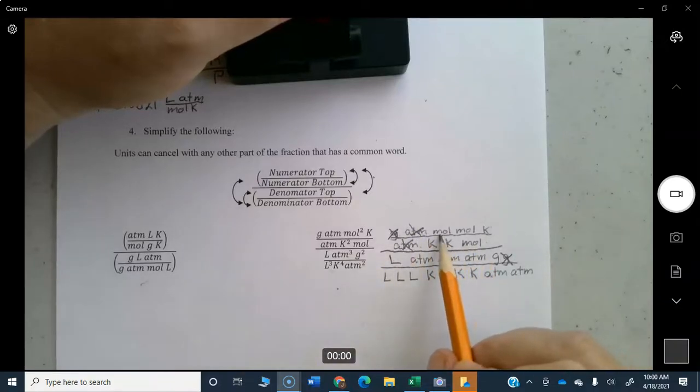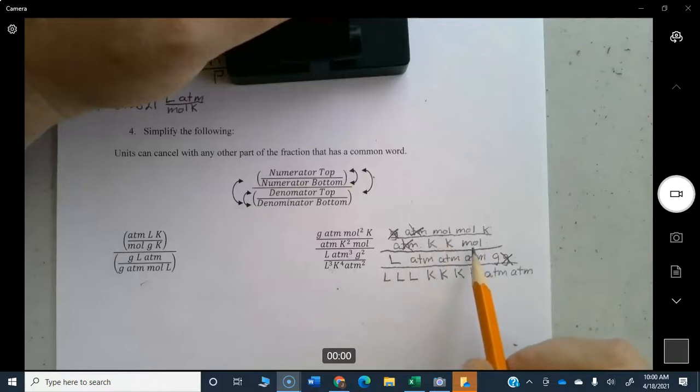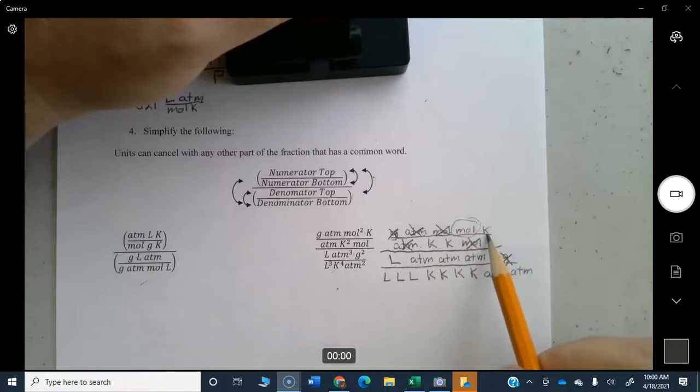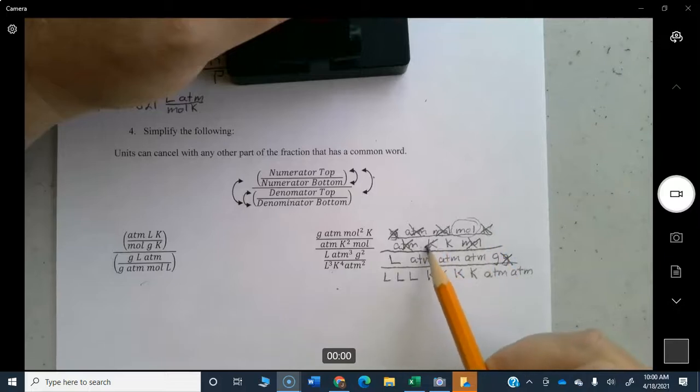Moles. Numerator top can cancel with numerator bottom, so moles cancels with moles. We have moles again. We don't have any moles in numerator bottom anymore, but how about denominator top? We don't have any there either, so this is going to stay. Kelvin. Numerator top cancels with numerator bottom. And we're done with the numerator top.